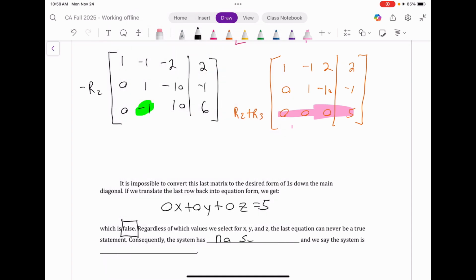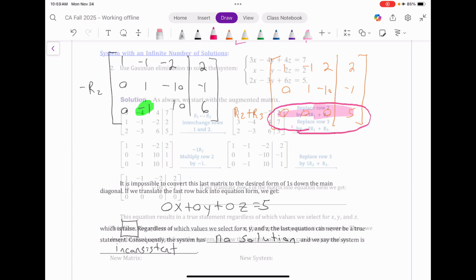So no solution, and we say the system is inconsistent. So that's always what a system with no solution will look like. You'll have some row where you have 0, 0, 0, and then some non-zero number on the right side.